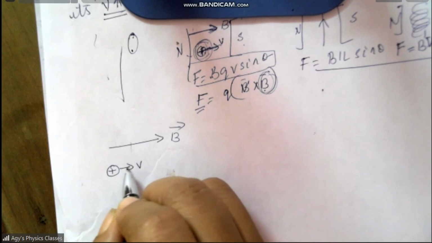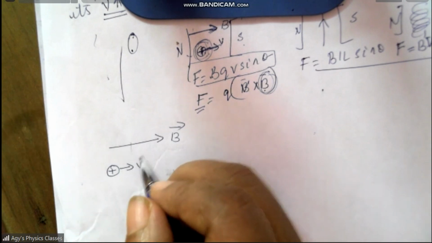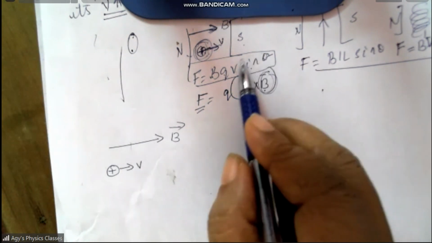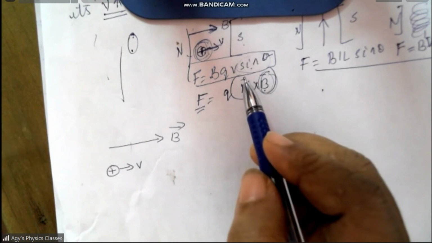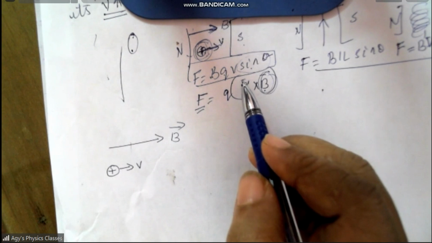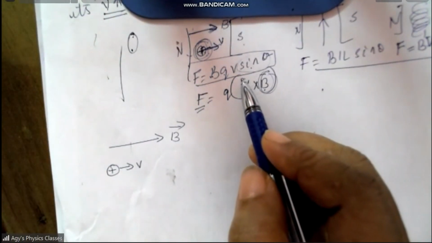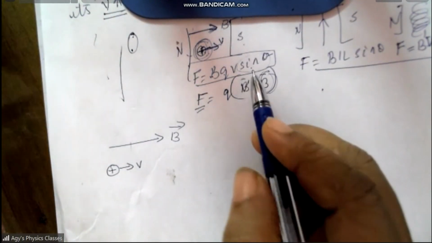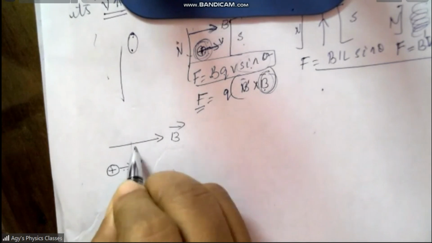The angle is 0. So BQV sin theta, so sin 0 is 0. So if they are parallel, no magnetic force.